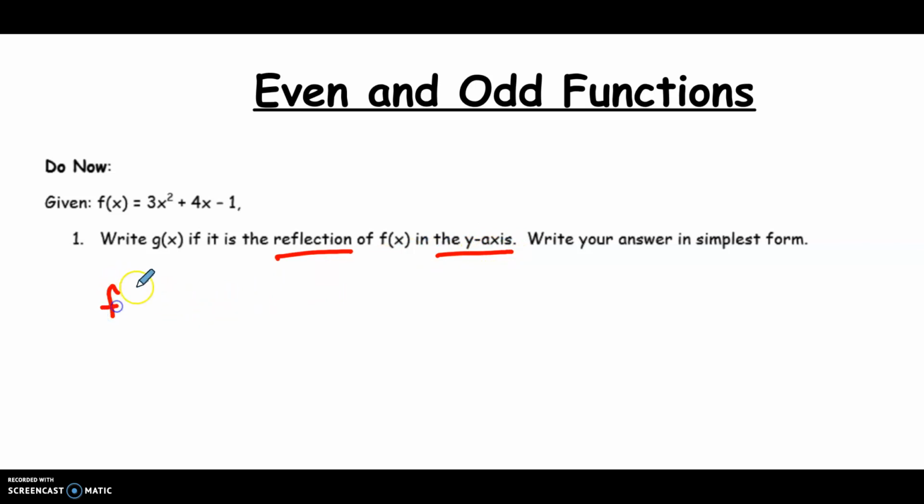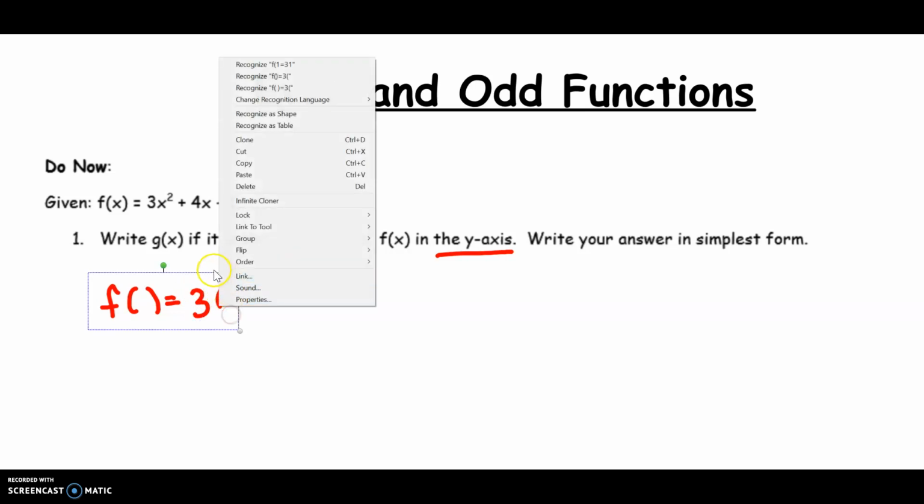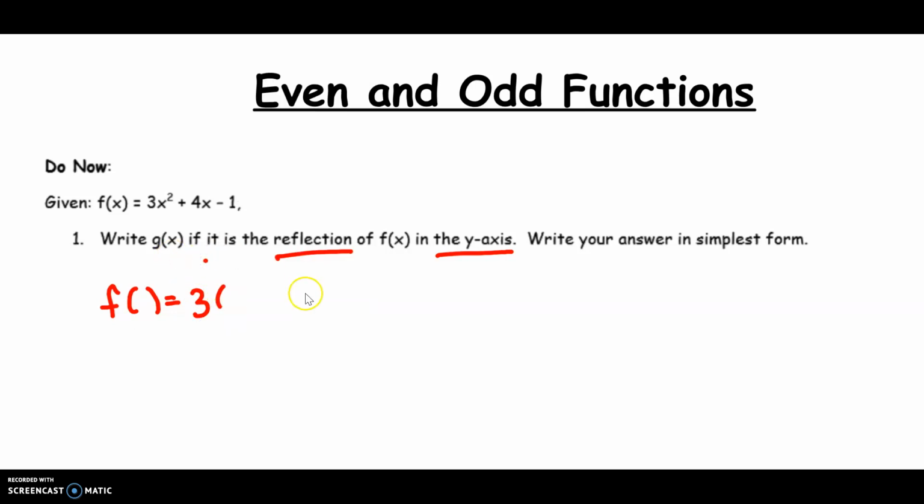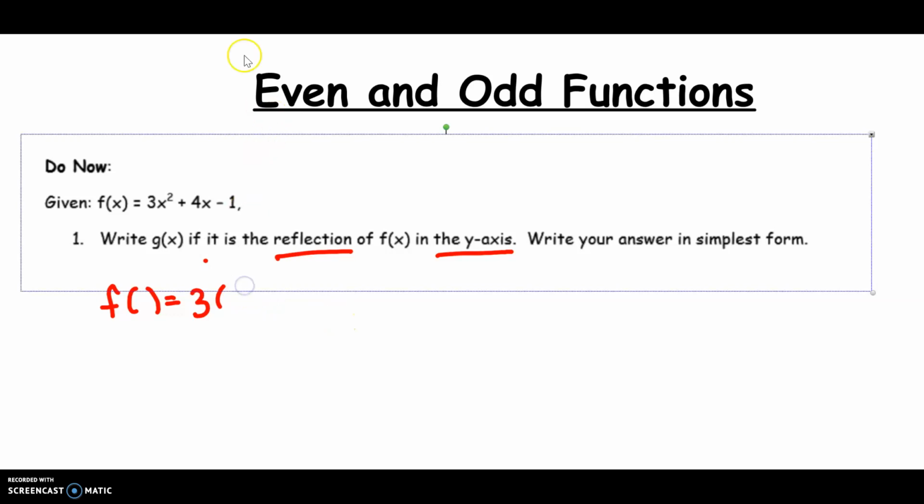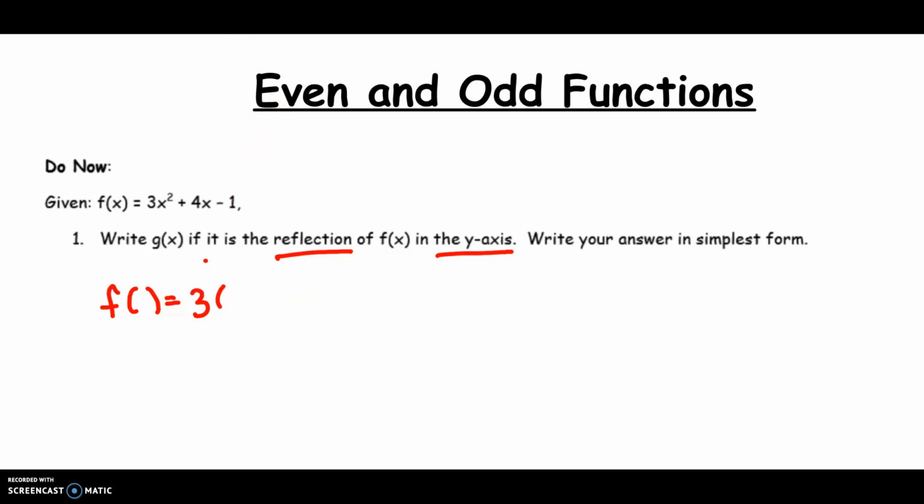So I'm going to write f of x, and instead of writing just x, anywhere I see x, I'm just going to put a parentheses, and I'm going to fill those parentheses with the transformation of a reflection in the y-axis.